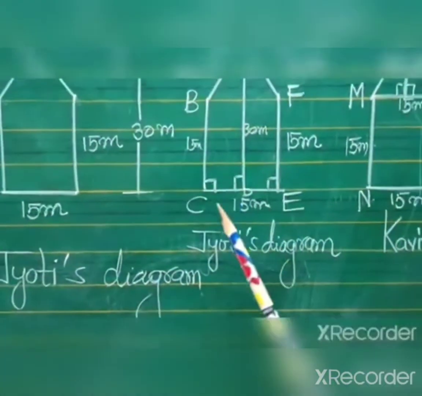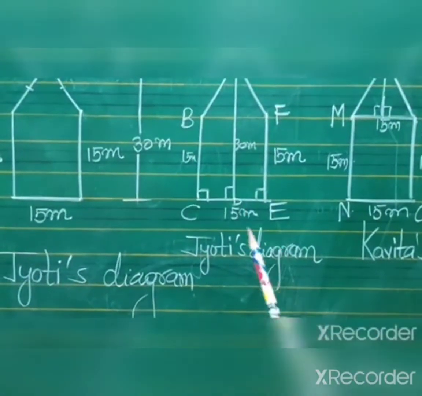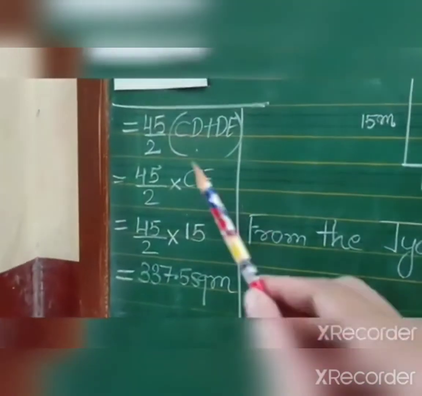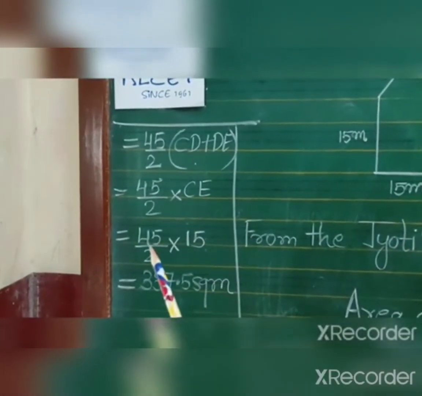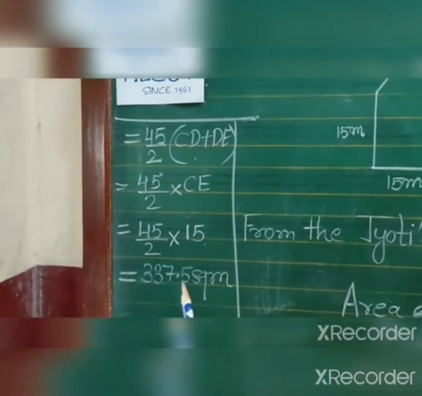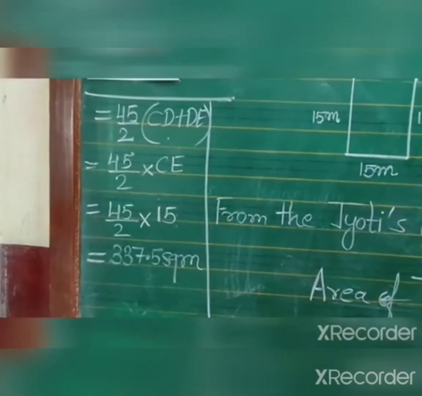In the diagram you can see CD plus DE, that means CE, that means 15 meter. So 45 into 15 divided by 2, you will get 337.5 square meter, according to Jyoti's diagram.